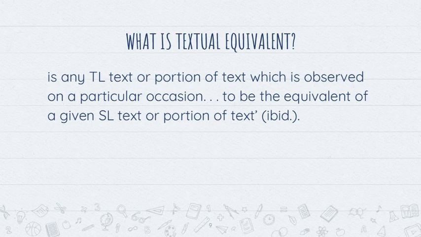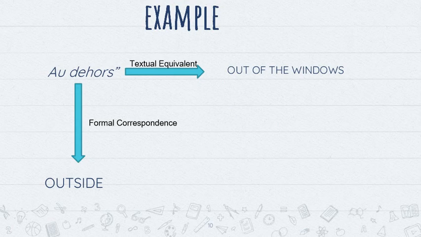For example, textual equivalent of the French words ou dia in the warnings in train carriages is out of the window, but the formal correspondence of it would be outside. Thus, formal correspondence is a more general system-based concept between a pair of languages, while textual equivalence is tied to a particular ST-TT pair. When the two concepts diverge, a translation shift is deemed to have occurred.